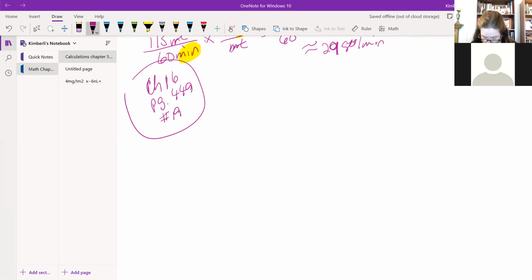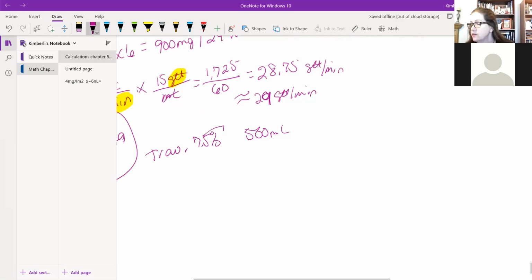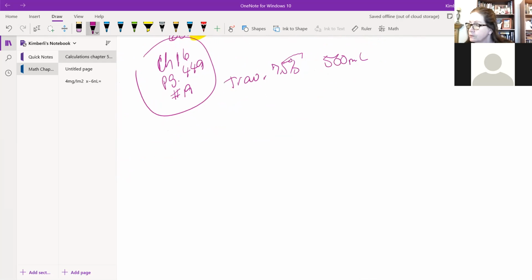Travasol, which is amino acids, 7.5%, 500 milliliters of this. Then dextrose 70%, and they want 300 milliliters of that. And then the sterile water for injection is 200 milliliters.